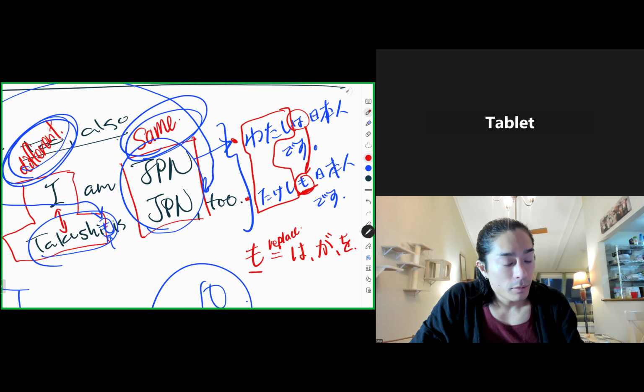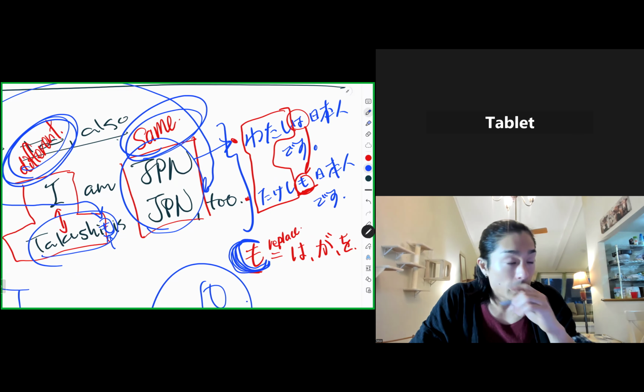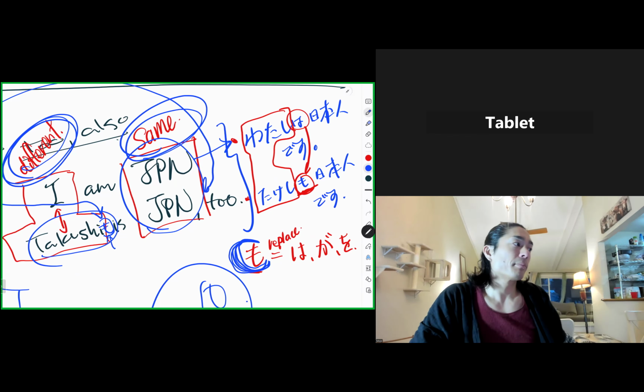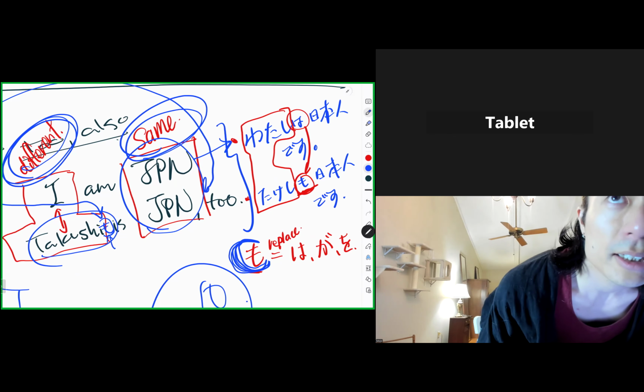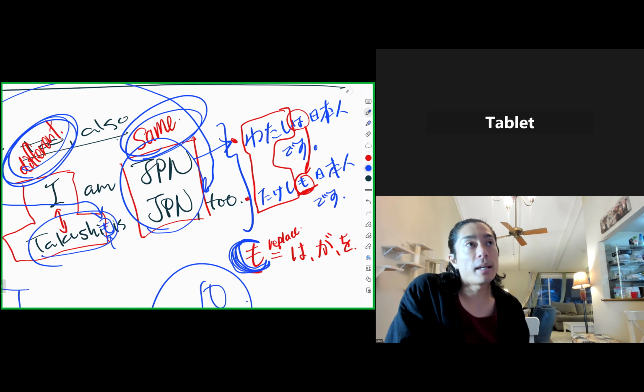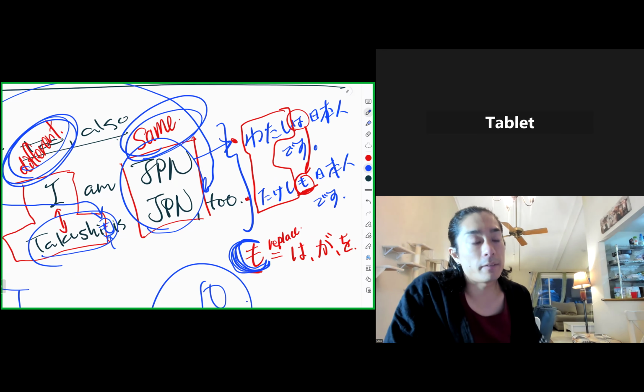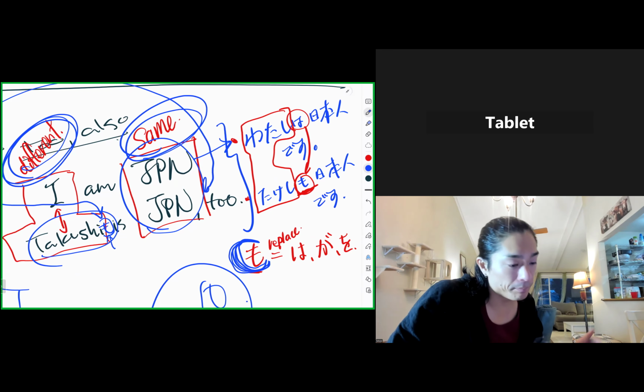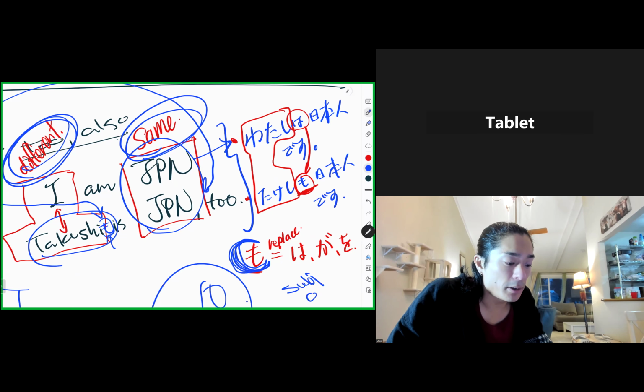Why? Because mo is a really flexible particle that can cover that. Mo can change itself to have the main functions, only the main functions, meaning subject and object.